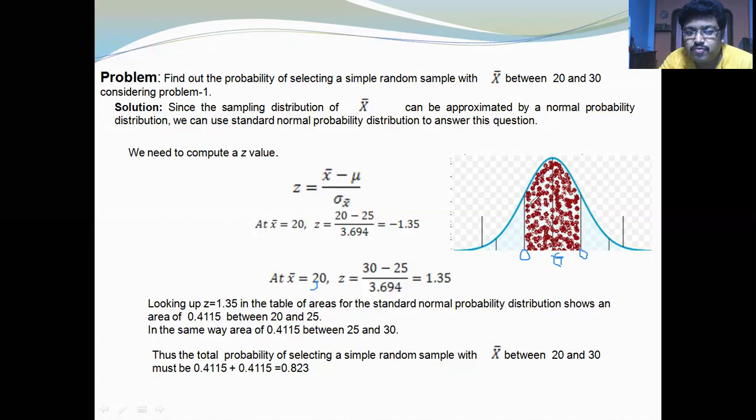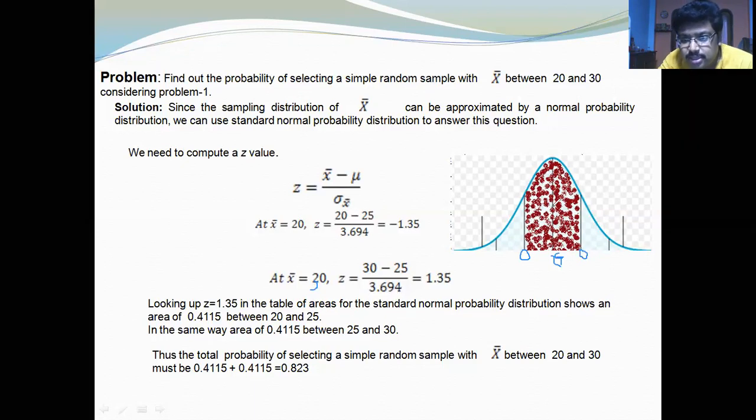Look at my cursor: this area represents 0.4115. We can get this value from the standard normal probability distribution table.